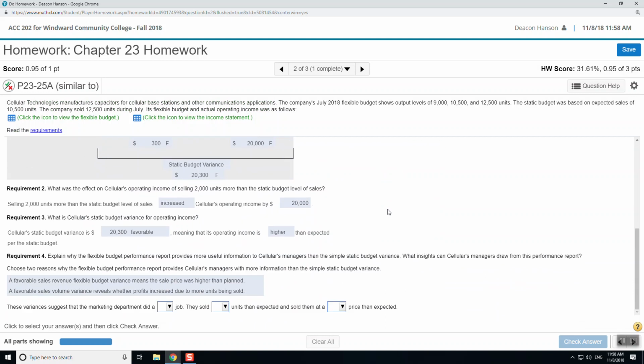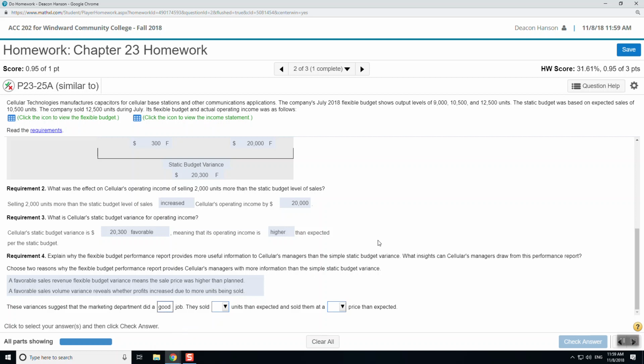So this is what happens when you've set a budget, and then you compare what you actually did to the budget at year end or month end or however often you do it. These variances suggest that the marketing department did a good job. I would tie marketing to the number of units you sold. If you sold more units, it probably means you marketed well, and then you can give bonuses.